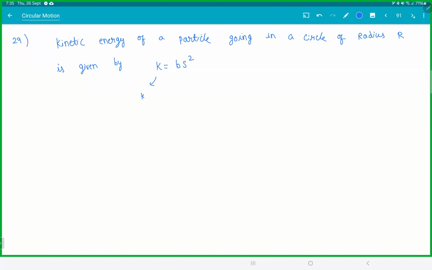K is your kinetic energy, b is some constant, s is your distance traveled. Meaning the more you travel, more kinetic energy you get.